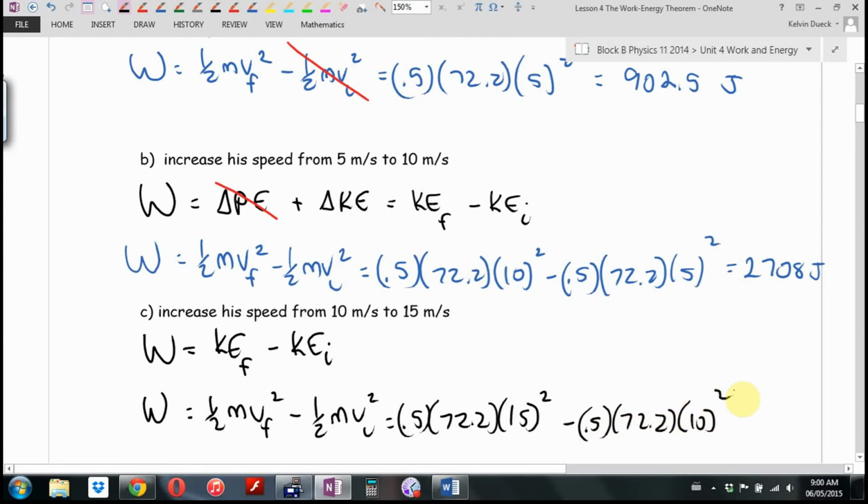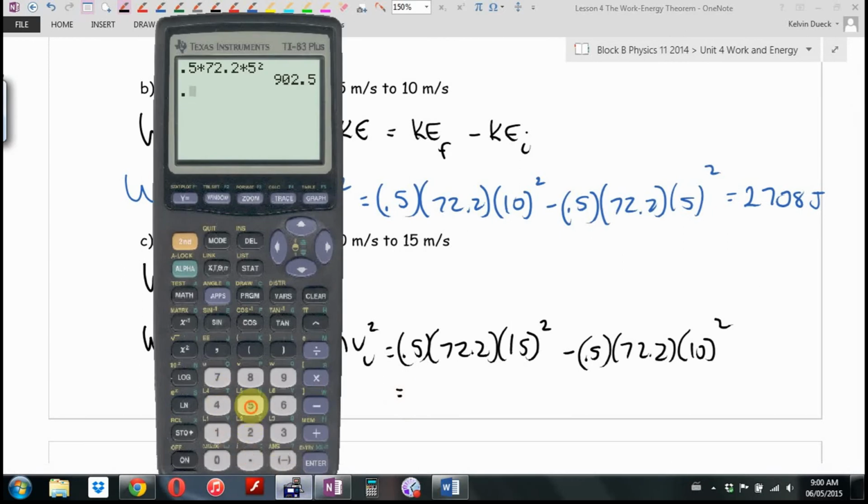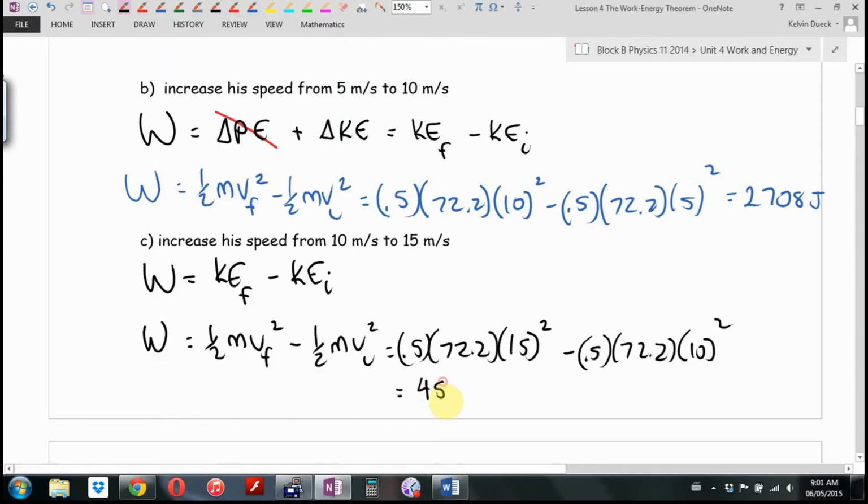Now again, this is the same 5 meter per second increase, but how many joules of work will this take? You get 4,512? Is that right? 4,513, I guess, if I want to round off properly.